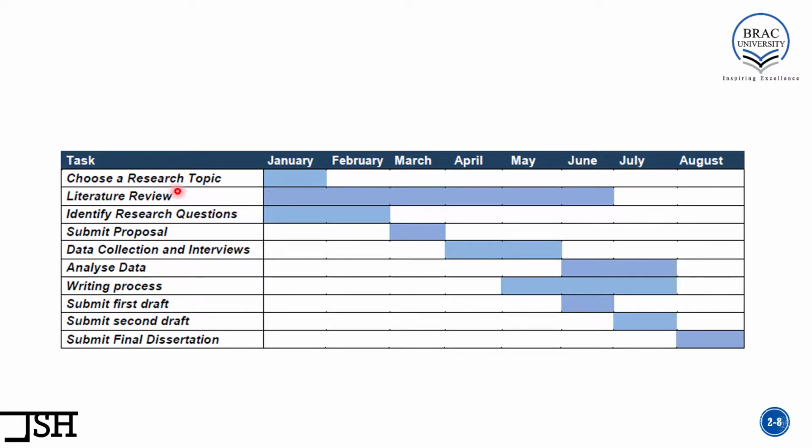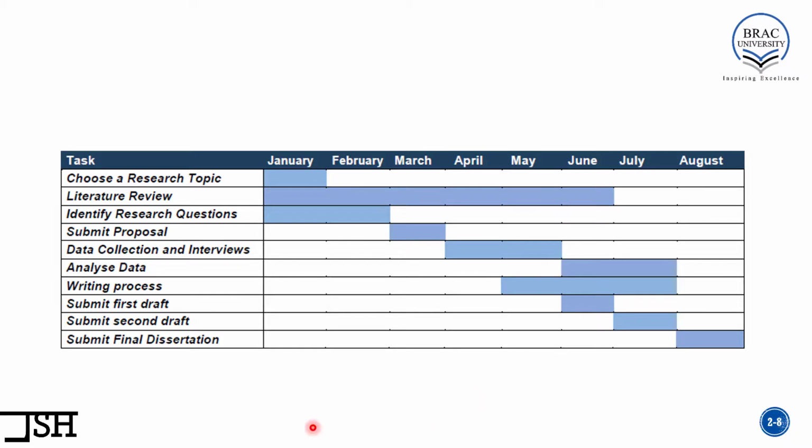The first task, choose research topic, starts in January and ends in January as well. Then the second task, literature review, started in January and went up till June. Now the next task, identifying the research question, started in January and finished by February. And in the similar manner, we have listed all the remaining tasks.